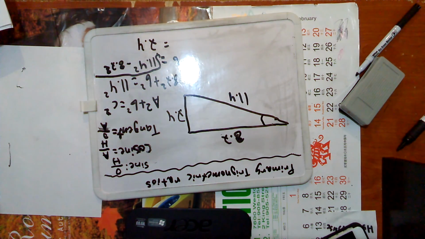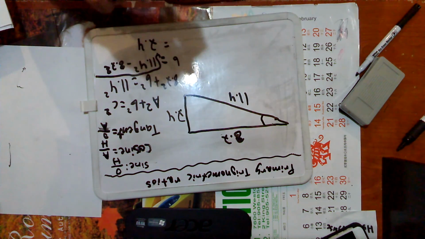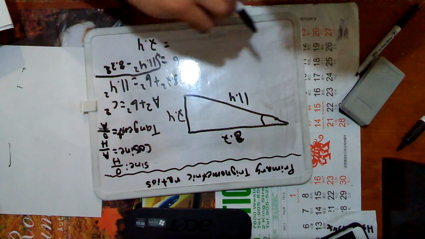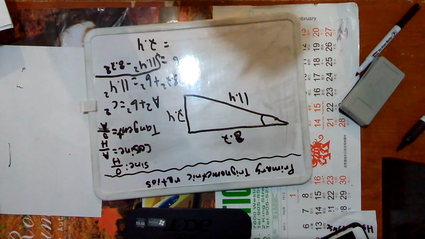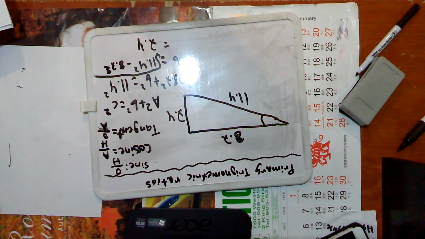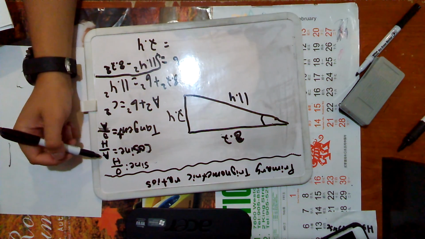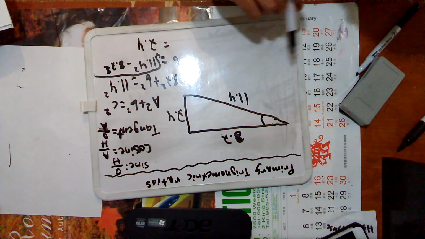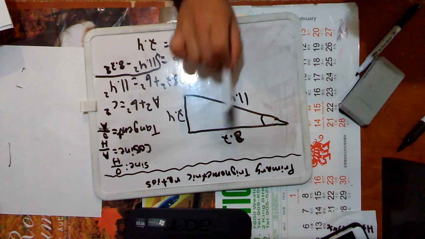Now, let's say I want to know the cosine of this triangle. The relationship is adjacent over hypotenuse, right? Adjacent is 8.7, hypotenuse is 11.4.